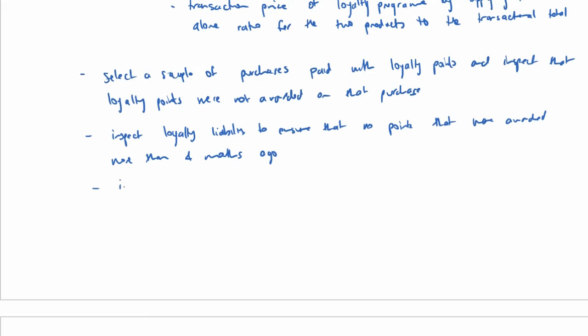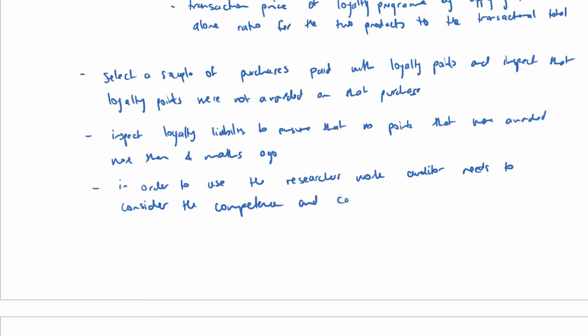So I'm going to say, in order to use the researcher's work, the auditor needs to consider the competence and capabilities as well as objectivity of the researcher.